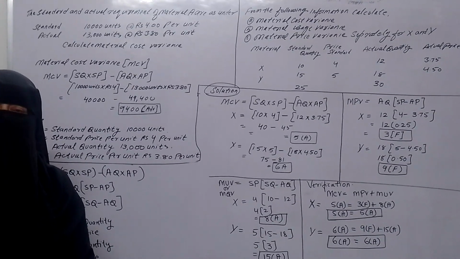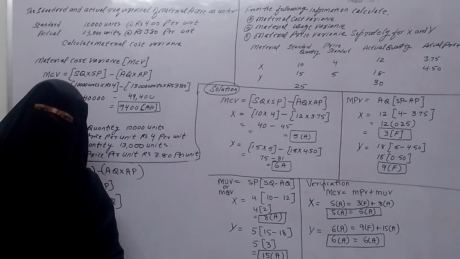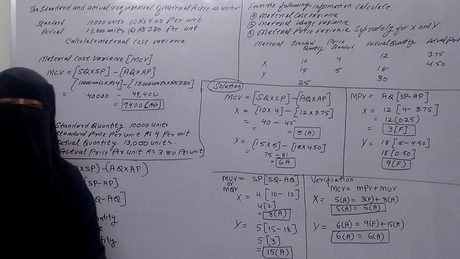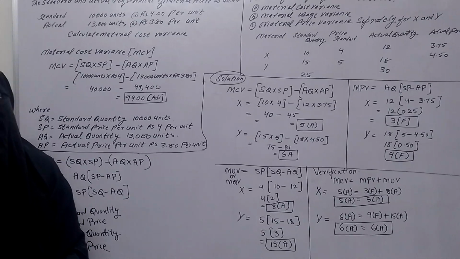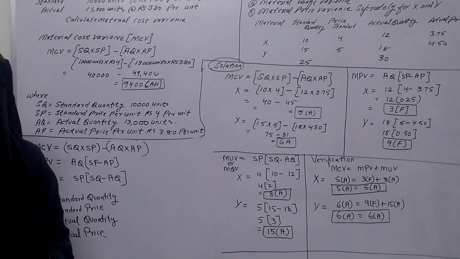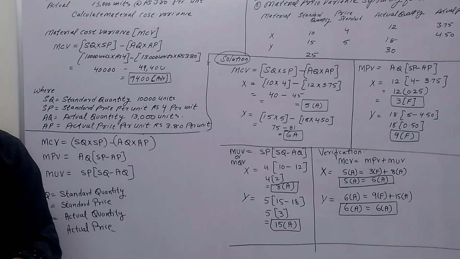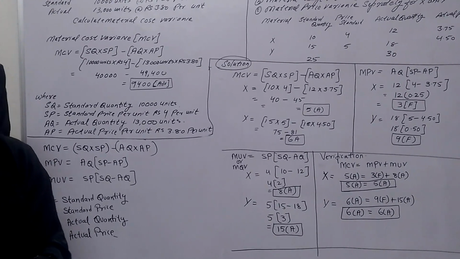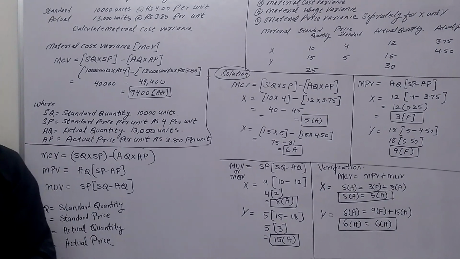So standard cost, actual cost, standard price and actual price: these four are the important components for calculating the material variances.